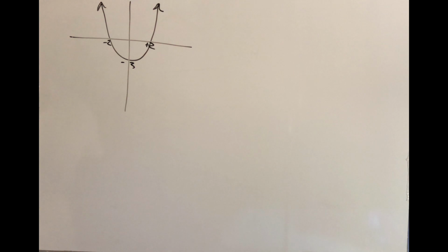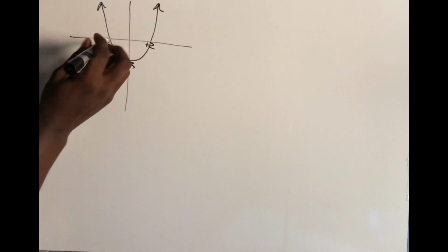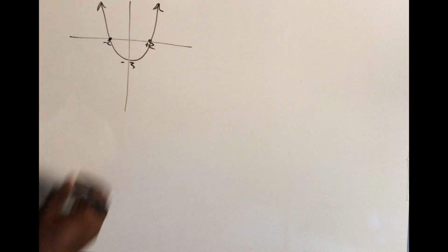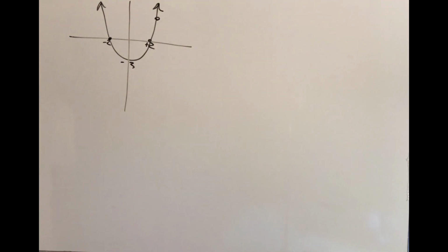We're not calculating the exact gradient, but we're calculating what? The average gradient. But we'll get into calculating the exact gradient, whereby we'll calculate the gradient at a particular point, given any value of x.